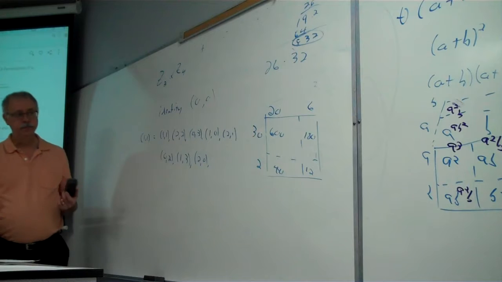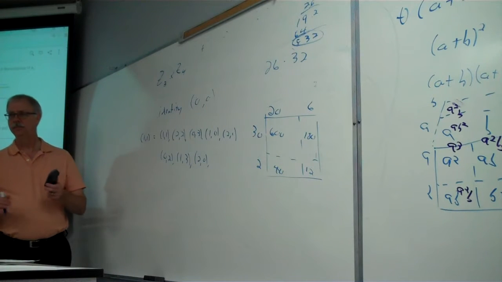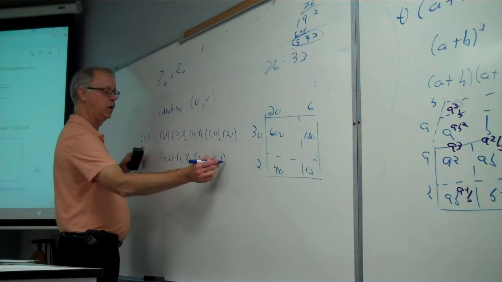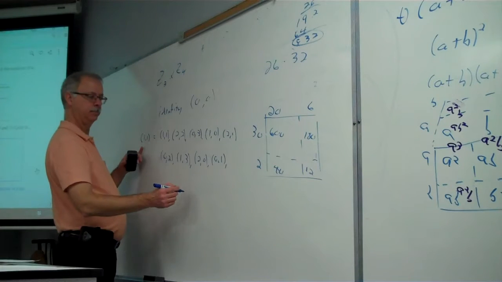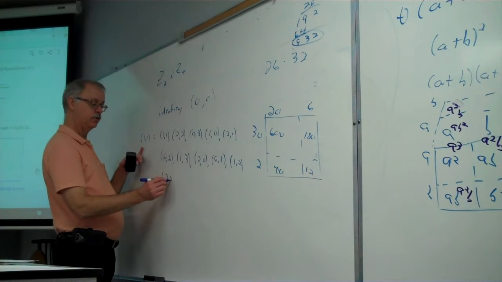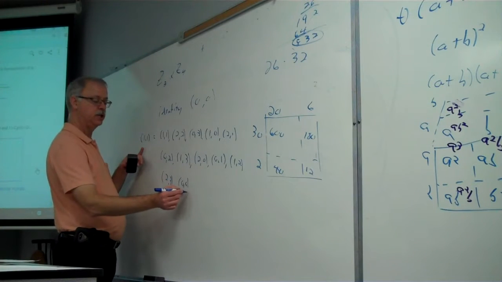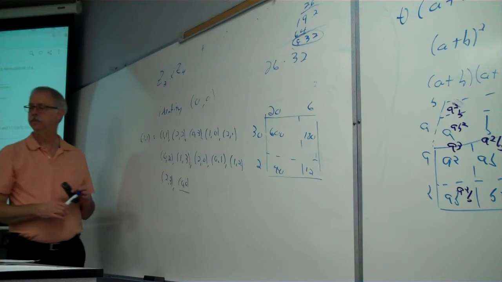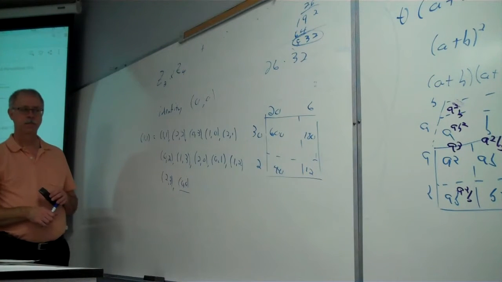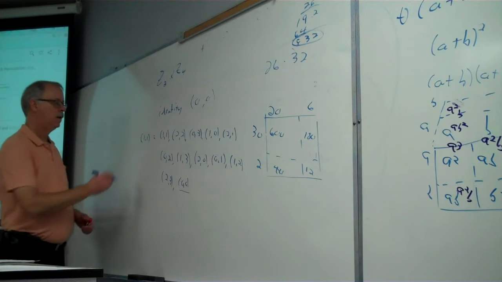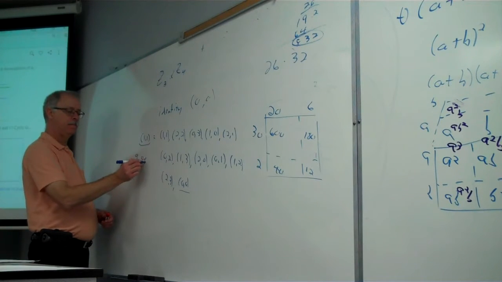But by this point, we're over halfway. We're going to get everything. 0, 1, 1, 2, 2, 3, 0, 0. That's where we stop. And I think we've got all 12 elements. So this is a generator.